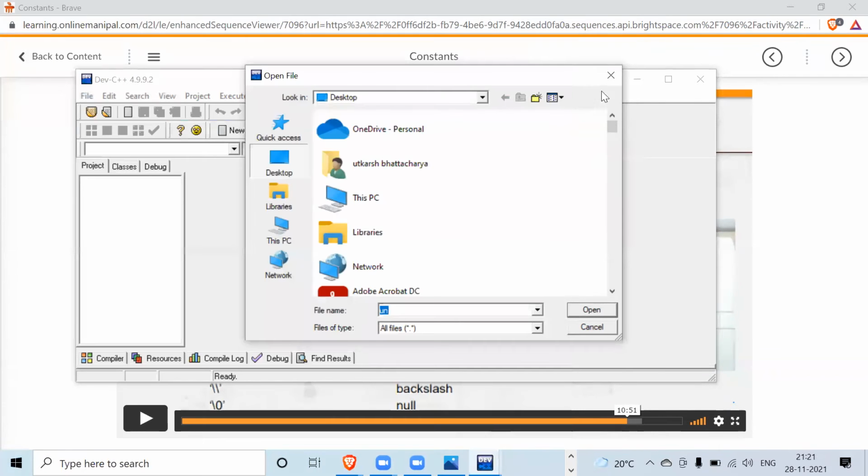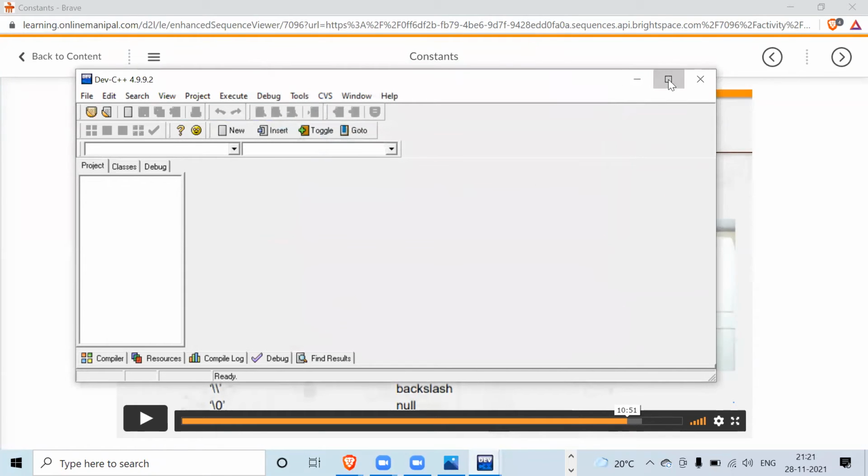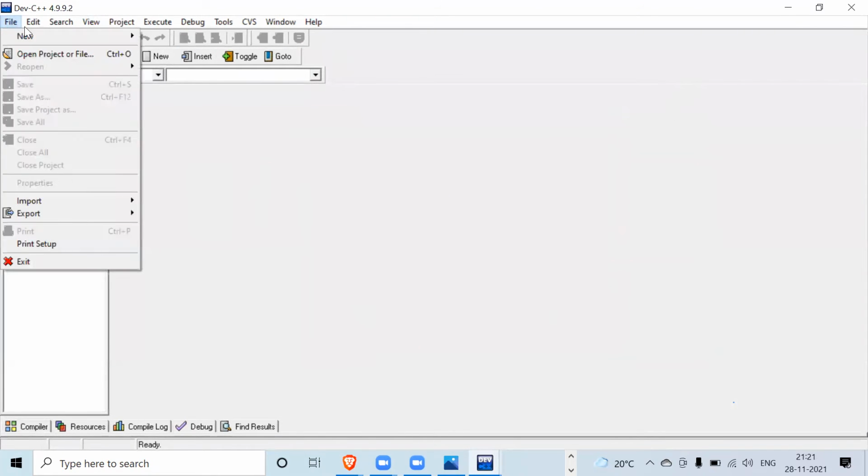I will just make a program in front of you guys, because I think that program is missing somewhere. I made it, but it's gone.